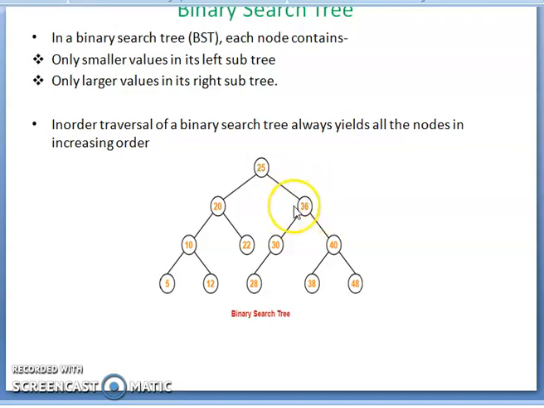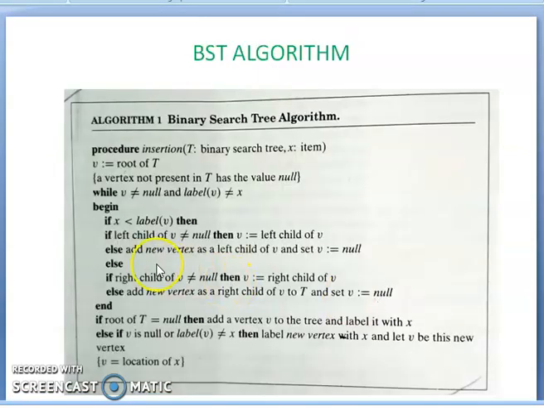Again, the x value is greater than this one, move to the right. X value is greater than this one, move to the right. Whenever you move right, what is the value of this one? Empty. So if you move to the right and that value is null, then add the vertex to the particular 48 and make it null. Whenever that value is null, you terminate.